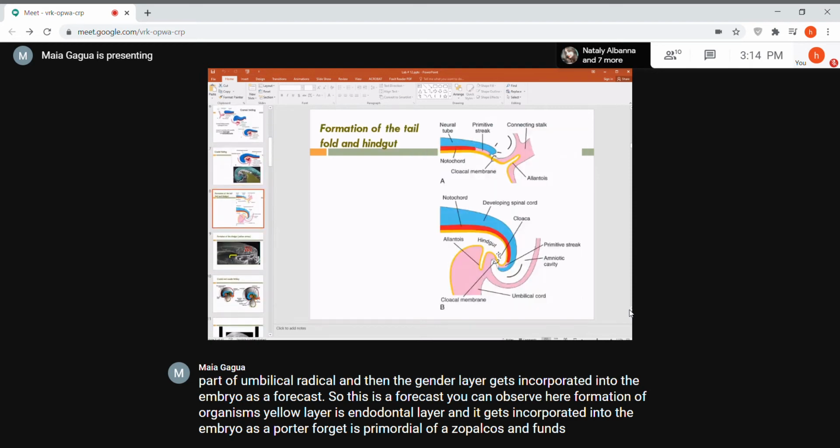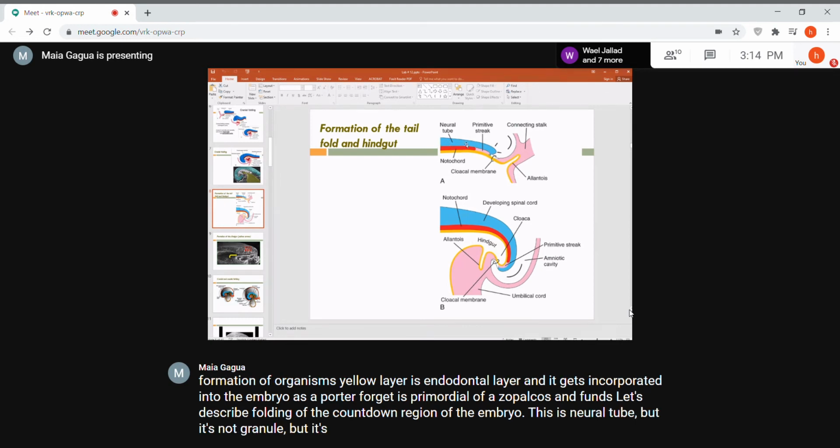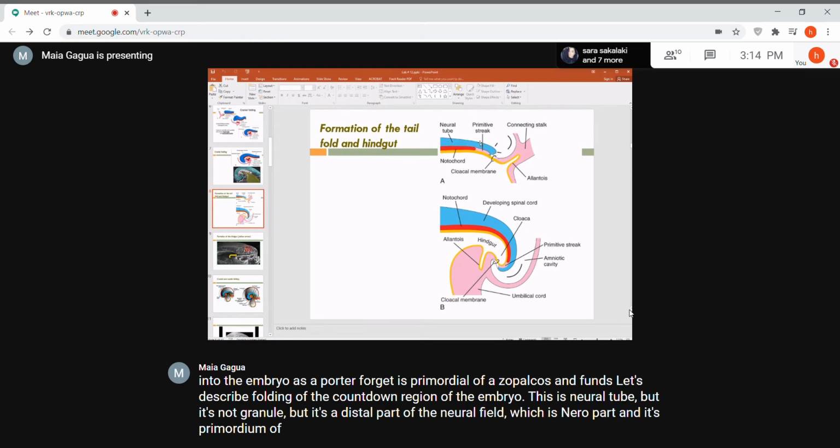Let's describe folding of the caudal region of the embryo. This is neural tube, but it's not cranial part. It's a distal part of the neural tube, which is narrow part, and it's primordium of spinal cord. It grows, elongates, and results in folding and formation of tail fold.